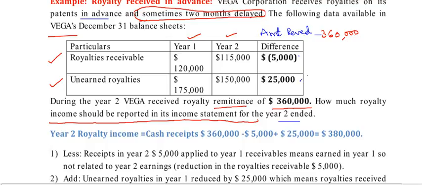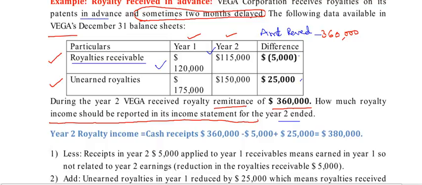What are these differences? Royalty receivable means we are going to receive; we already earned the royalties. Understand? We already earned the royalties which are receivable, 120,000 in year 1. When we come to year 2, the reduction is 5,000, which means earned royalty already received. This is not related to this year.